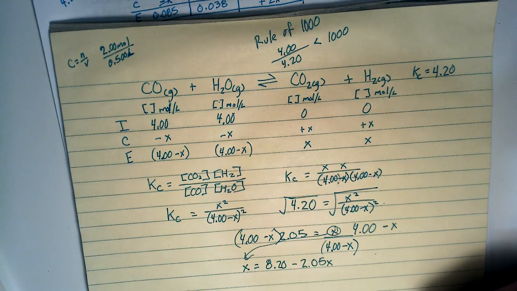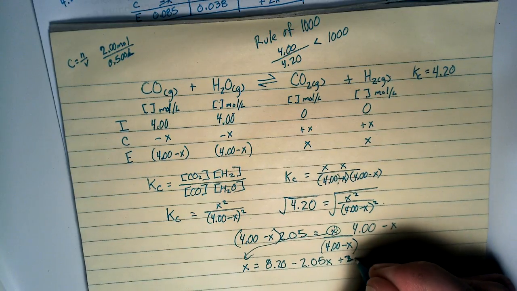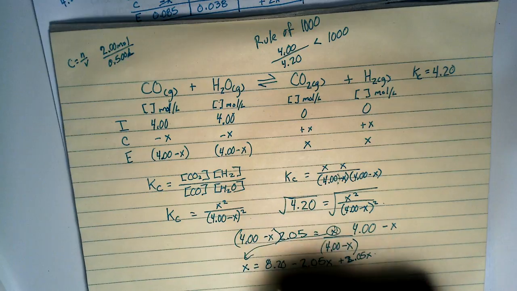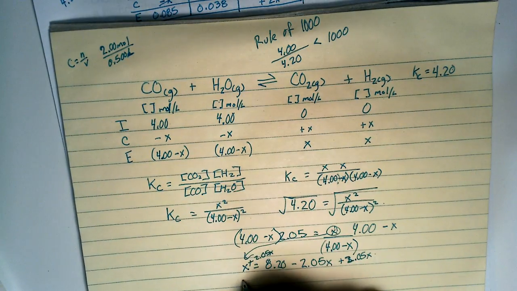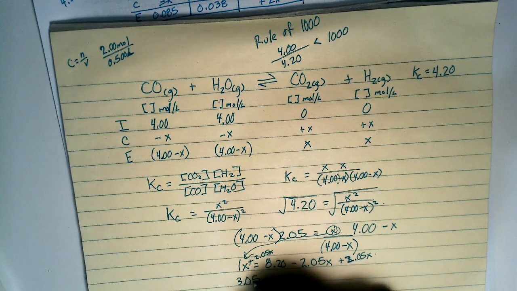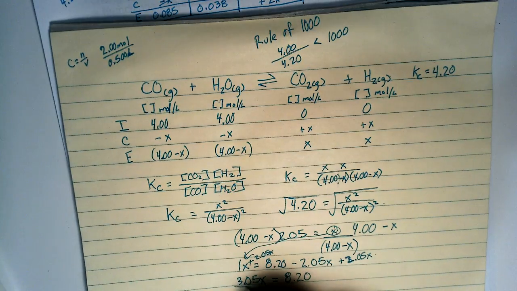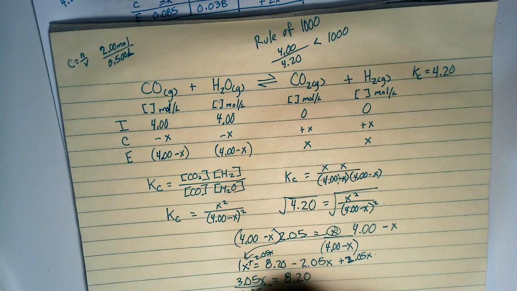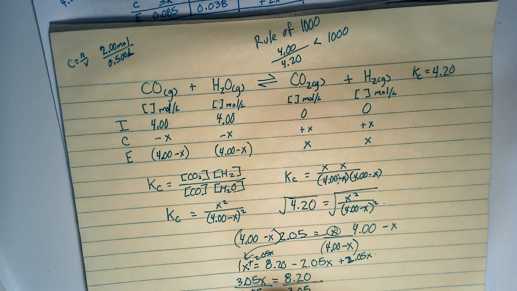Now I'll add 2.05x to both sides. Remember there's a 1 here, so I get 3.05x is equal to 8.20. Divide both sides by 3.05, and I get x is equal to 2.69.